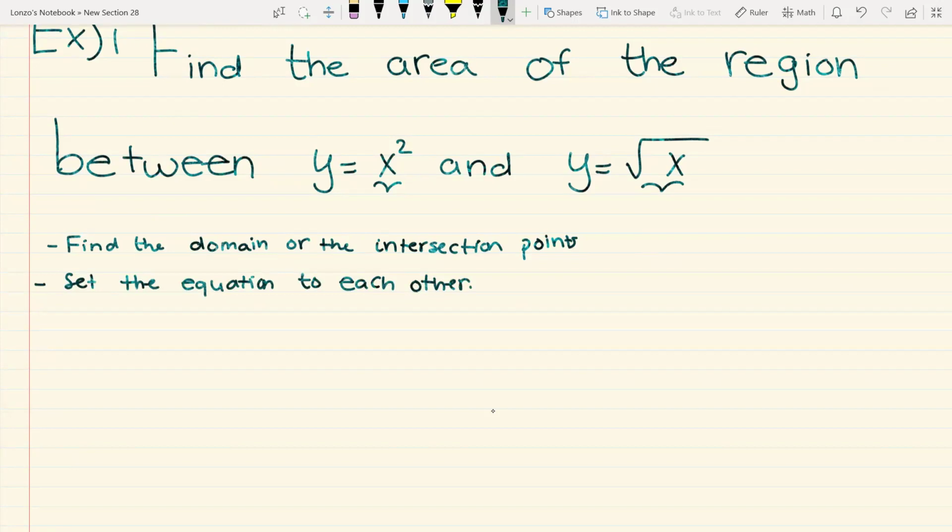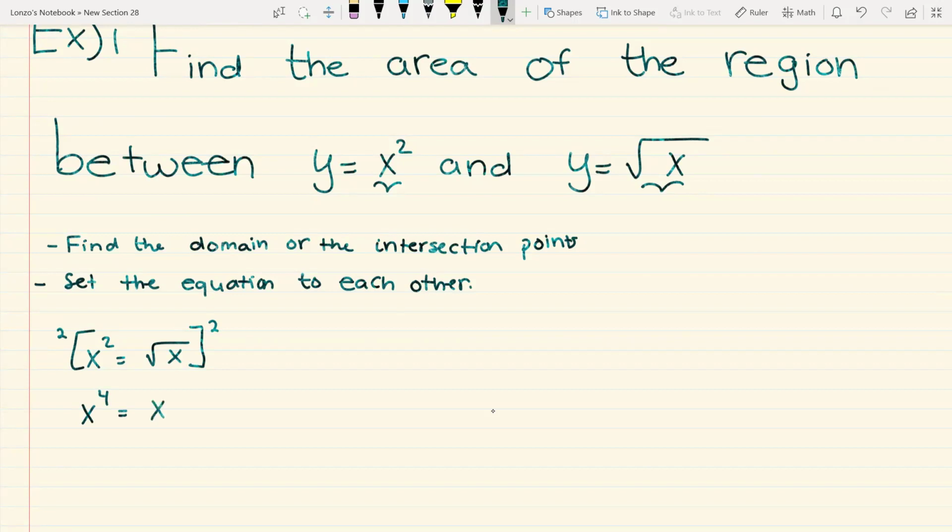Okay, let's set each equation equal to each other. So it's going to be x squared equals the square root of x, right? And maybe I would get rid of the radical by squaring both sides. On the left it would be x to the fourth, and on the right, the square root of x squared is just x.